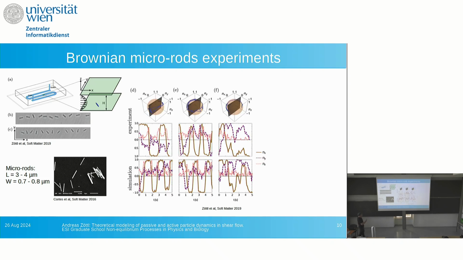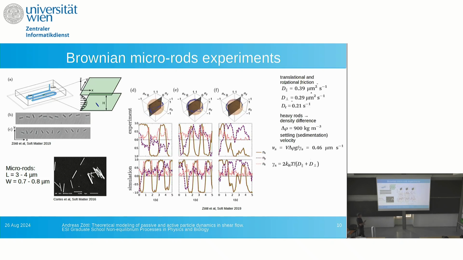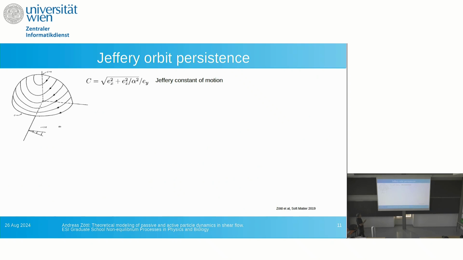And you can do some comparison. I just want to focus here on one aspect. And this is one concept we introduced, how you can characterize the noise impact on the trajectories. And this I call the so-called Jeffrey orbit persistence.